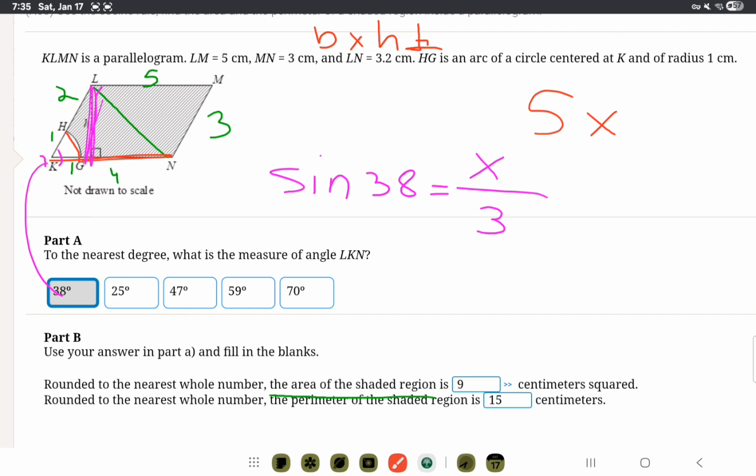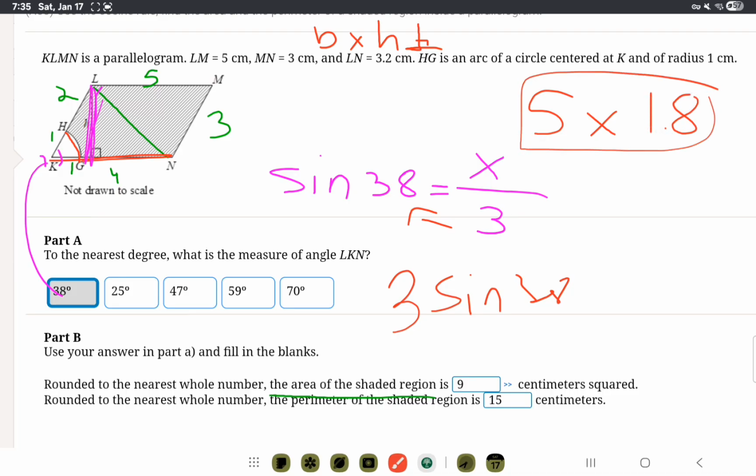You can just cross multiply, so it's 3 sine 38, which gives 1.8. That is the height of our parallelogram. So it's 5 times 1.8, and you get 9.